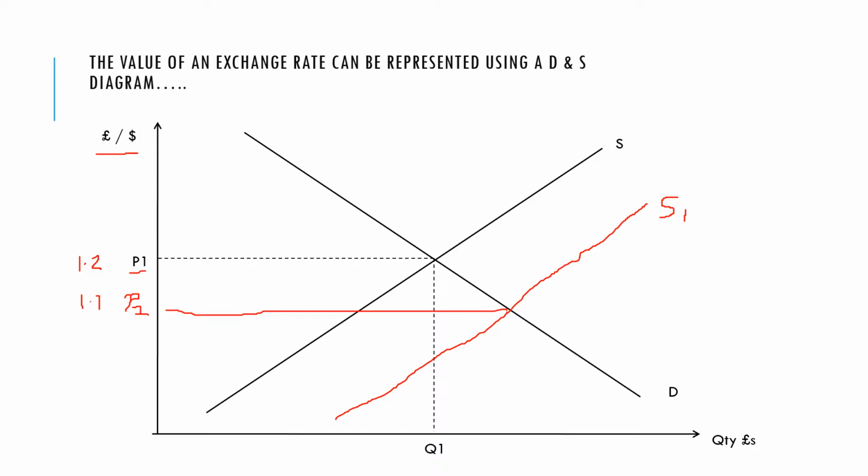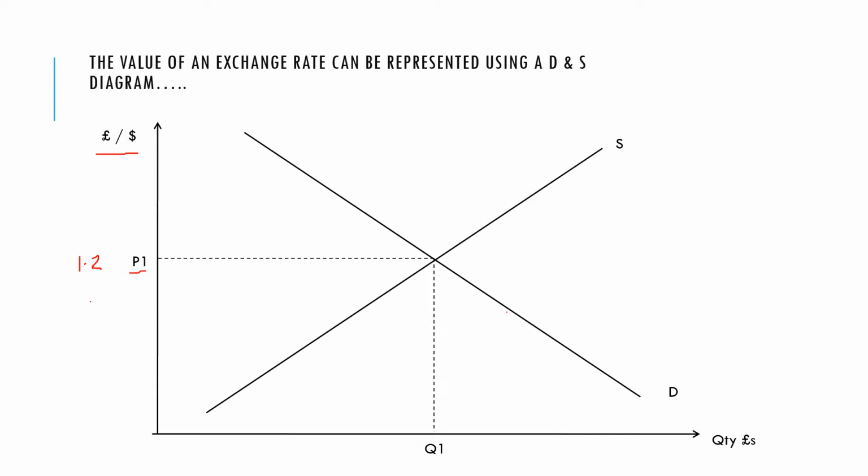On the flip side, I can take this away and we can look at what might be the case if there was an increase in the demand for UK exports. Let's imagine Americans now wanted to buy cars from the UK. Now, in order to buy a car from the UK, an American person would first of all need to get their hands on pounds in order to pay the UK car seller.